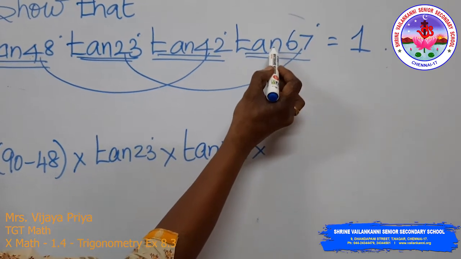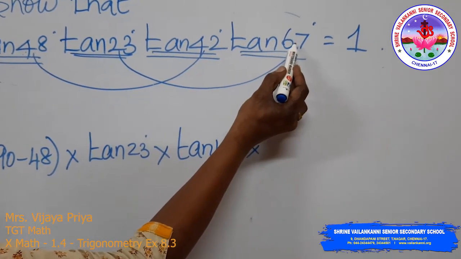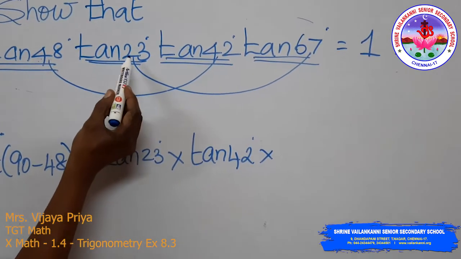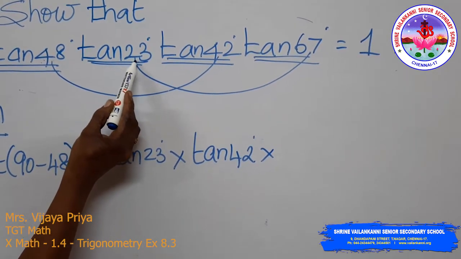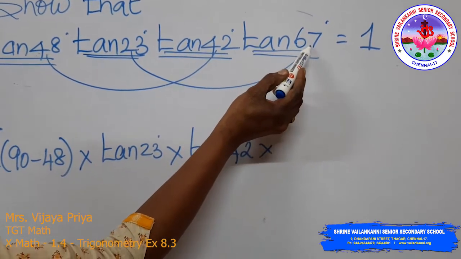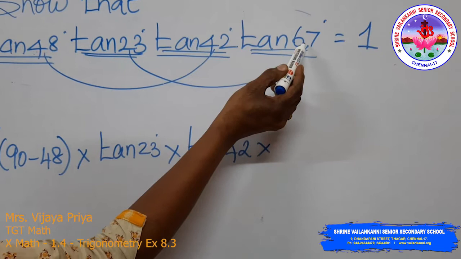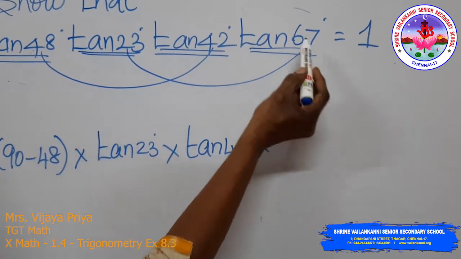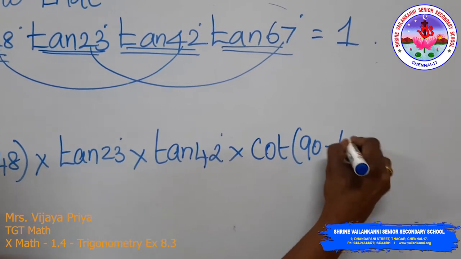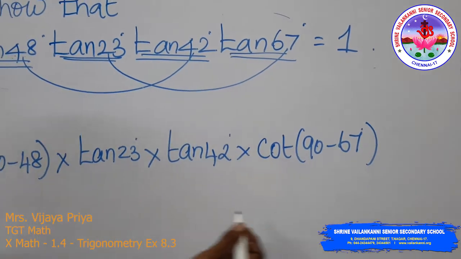So tan 67, where my 67 angle is complementary with 23. So I can change either tan 23 or tan 67. I am going to select my tan 67 converting into a complementary function where tan 67 is equal to cot of 90 minus 67 degree.